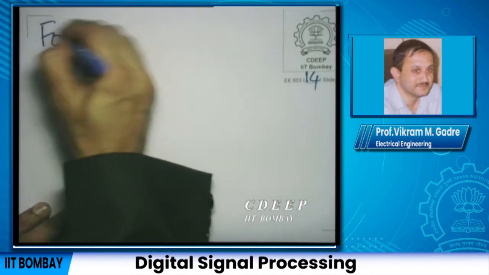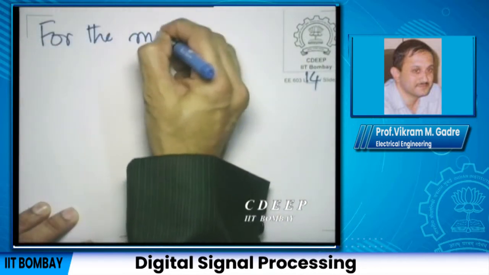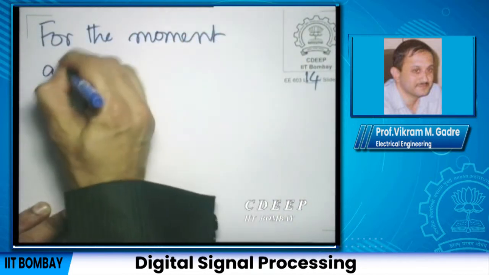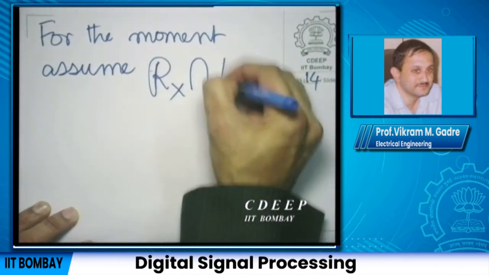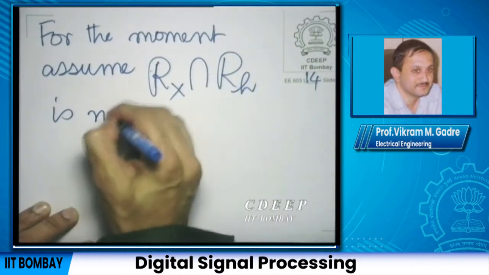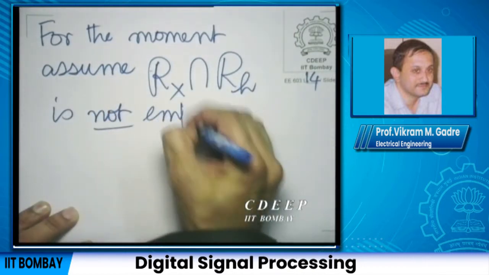They are tricky ones, but for the moment, let us take a situation where there is a non-null intersection of the regions of convergence. So, let us say for the moment, assume that Rx intersection Rh is not empty.